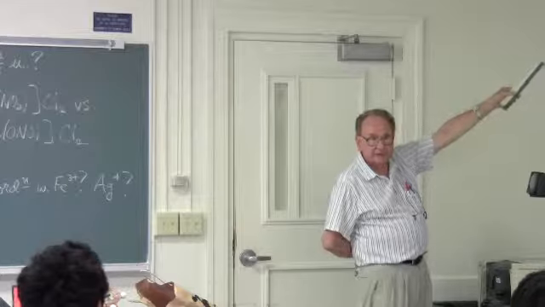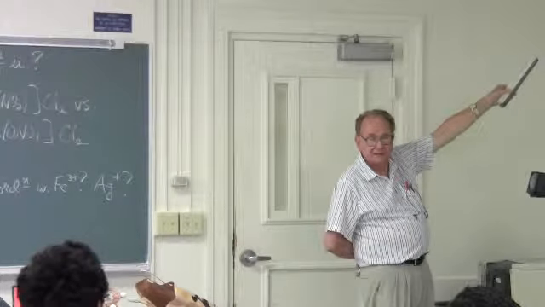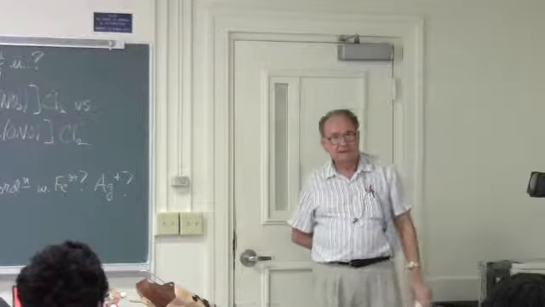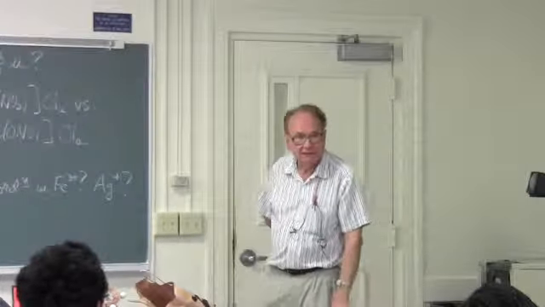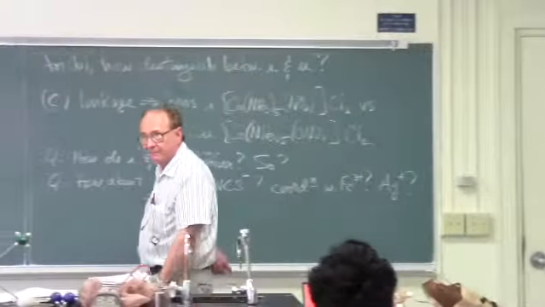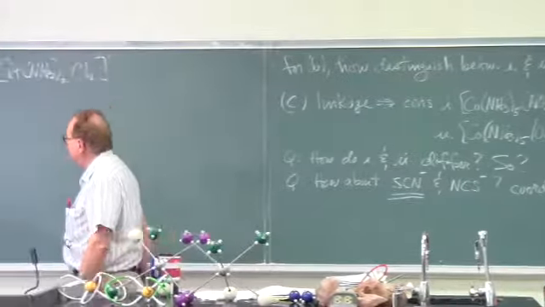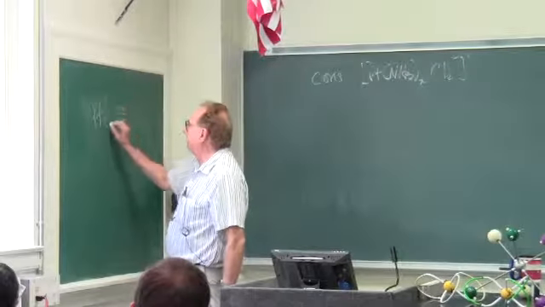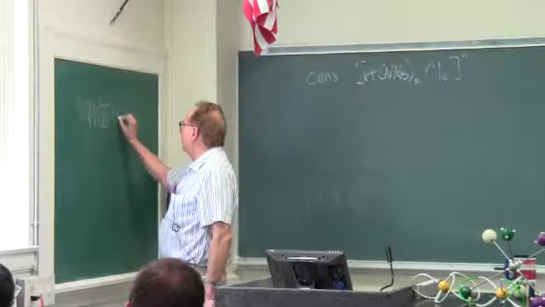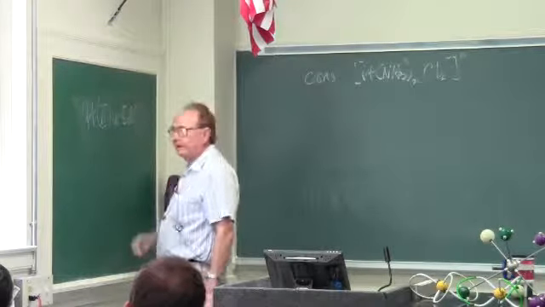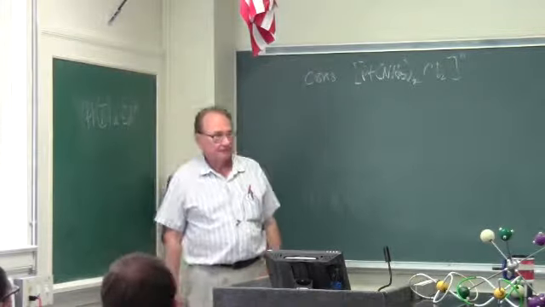Platinum, period 6, what are the valence d electrons? Valence d electrons are in what energy level? 5. So this has a 5d8 configuration for the platinum 2 species itself. All right?